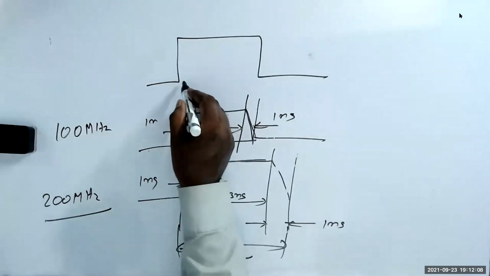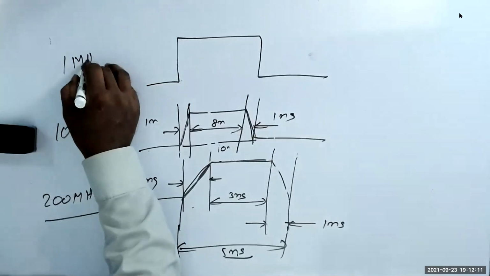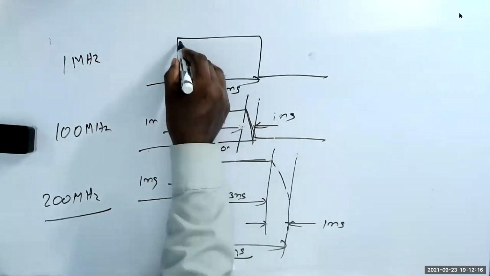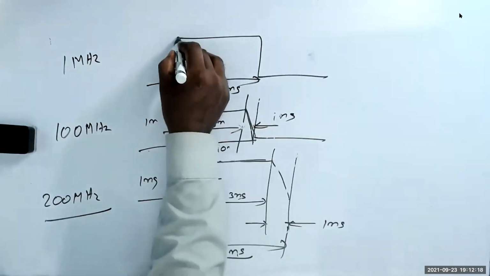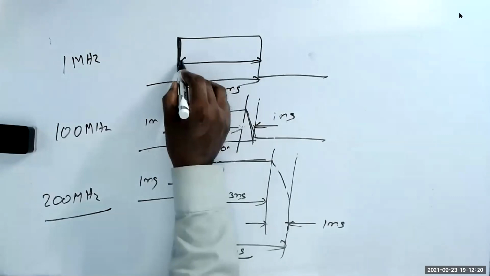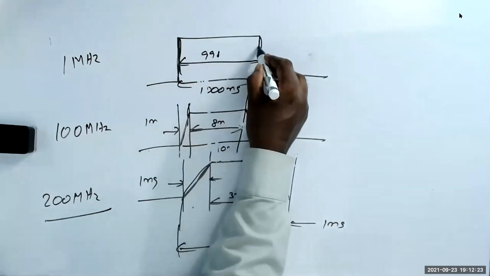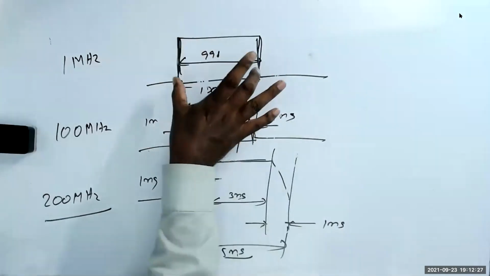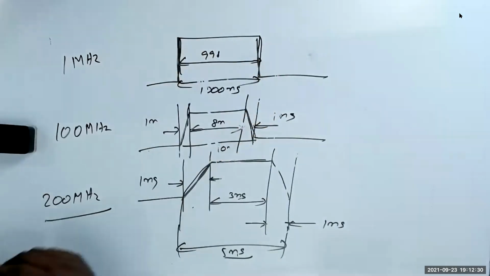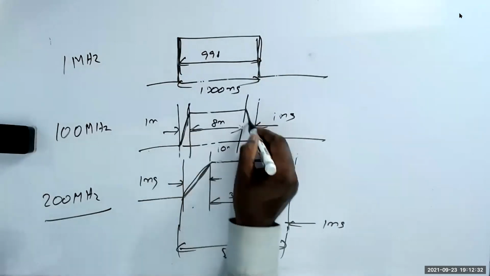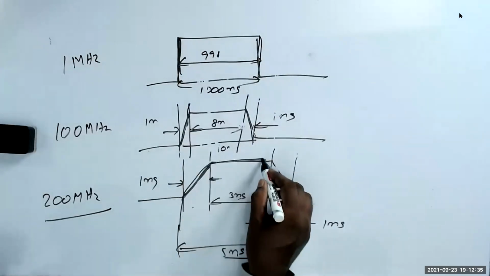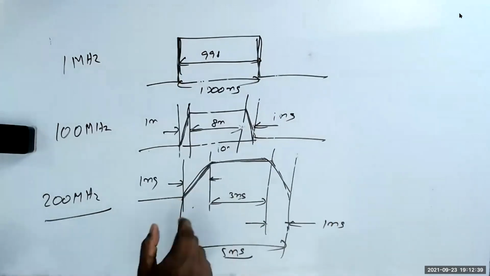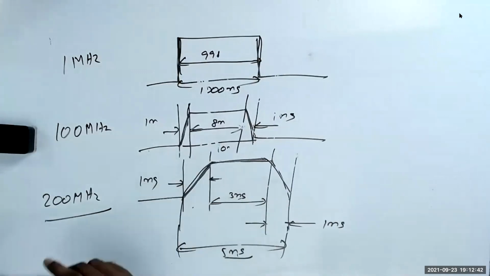For 1 megahertz, this is 1000 nanoseconds, so the 1 nanosecond is too small. The remaining is 998 and 1 is here. That's why sometimes the waveform looks like a square, sometimes a trapezoid with a very slight deviation, sometimes a trapezoid that is too big. That depends on the rise time of the clock due to the frequency. That you have to understand.